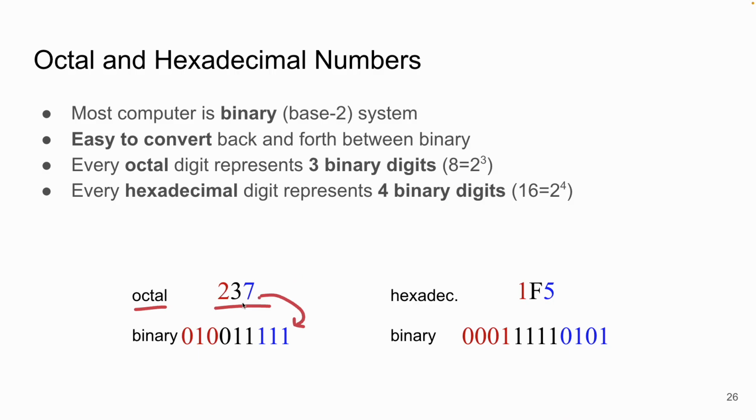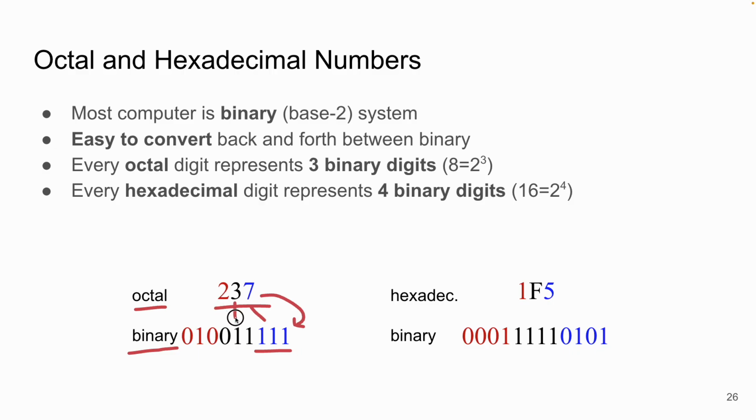So we can expand 7 in the octal number into 3 digits in the binary number. And it is easier to calculate the number 7 in binary format, right?